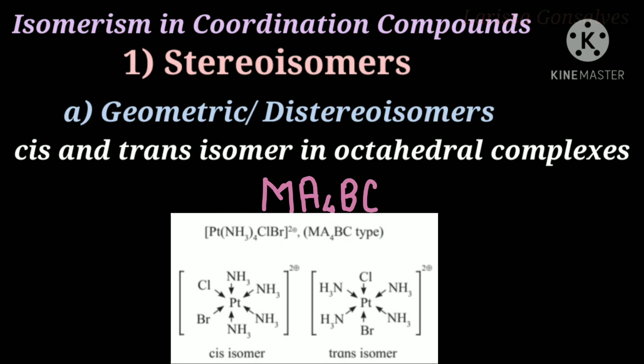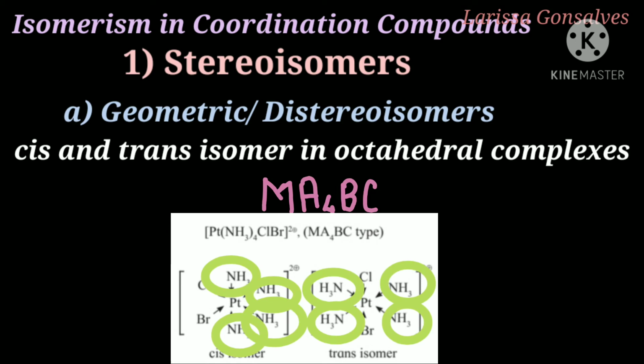A4 is NH3, which is 4 times, and B and C are Cl and Br respectively. So if you look at the cis isomer, we can see that NH3, which are identical, are present on the adjacent sides. In the trans isomer, these identical ligands have to be opposite to each other. So you can see NH3 are opposite to each other here.